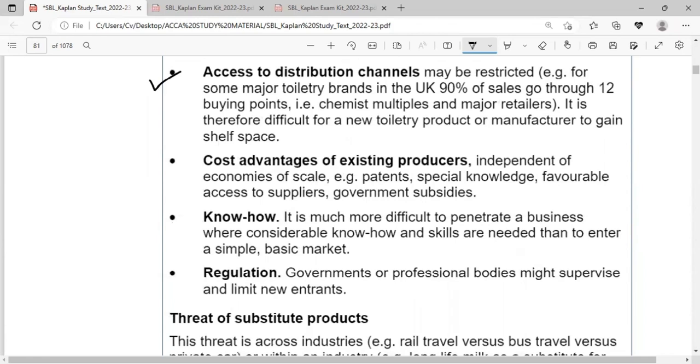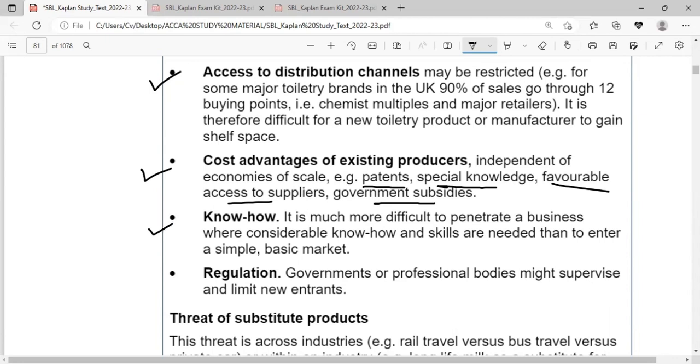Then cost advantages of the existing producers, definitely existing producers will be able to take the cost advantages, like they already have patents, they have special knowledge, they have favorable access to suppliers, and they already have subsidies from the government. Know-how is an important variable.